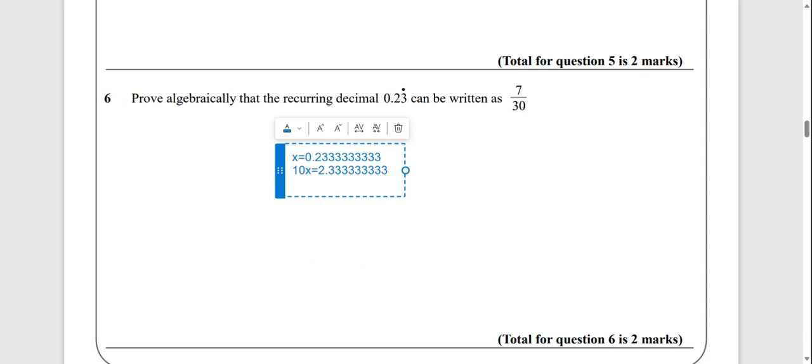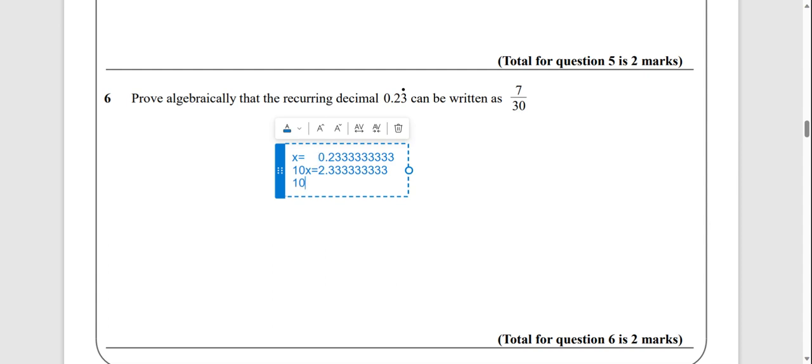And I know it's not going to be sufficient because, one, the question we just did, and two, I can see that that's not going to line up, is it? We're not clearing that recurring part of the decimal because the 2 and the 3 don't match. We've got an issue with that. We need that to go over yet again.